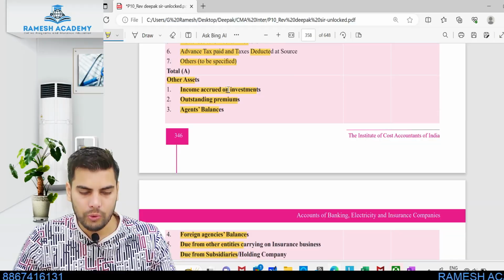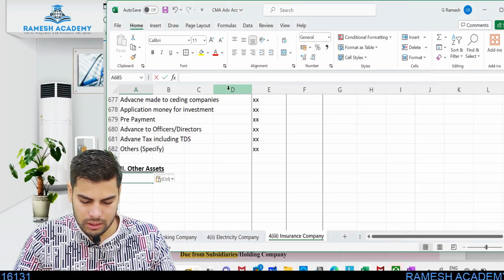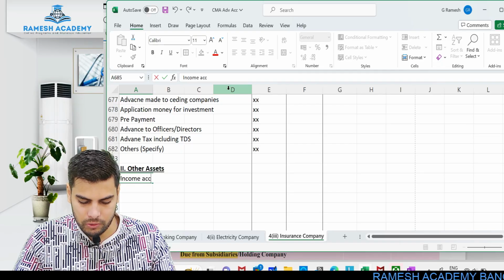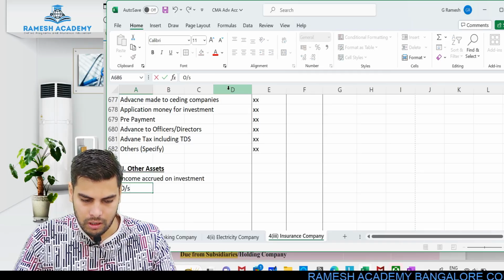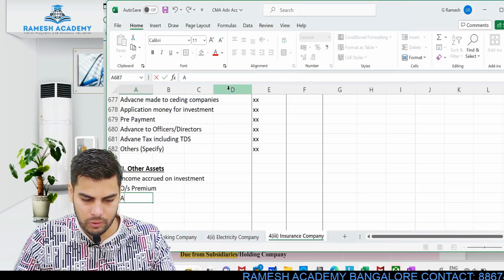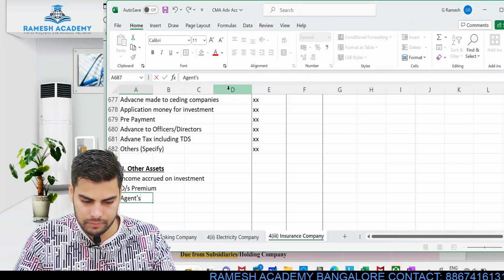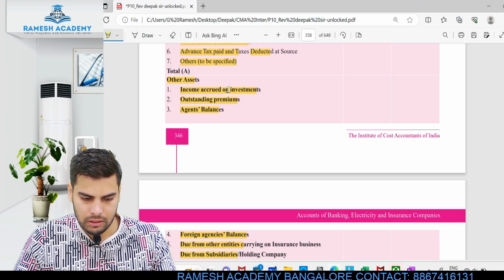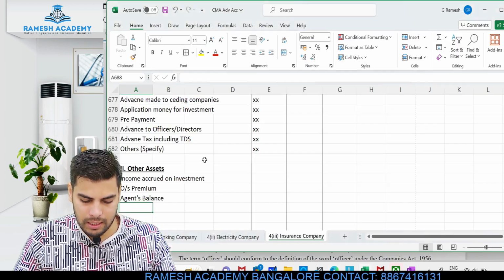So income accrued on investment, outstanding premium, that is nothing but the premium which is receivable. Agent's balance receivable. Foreign agencies balances.